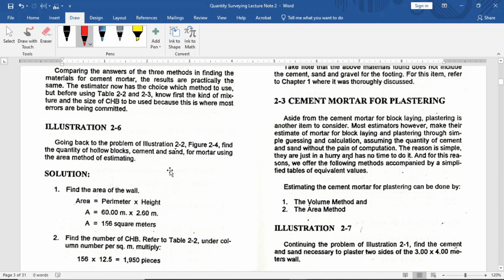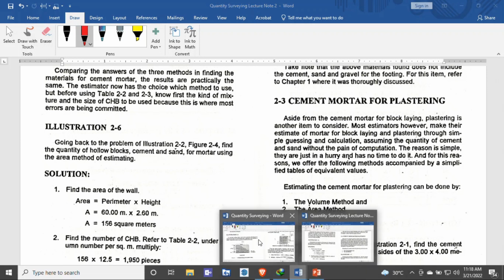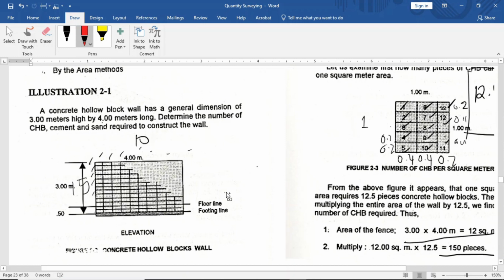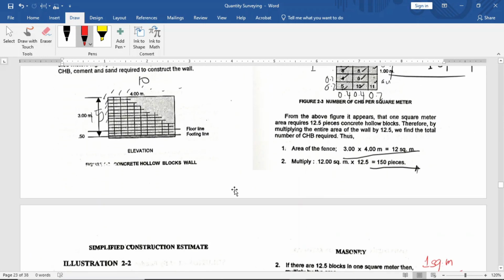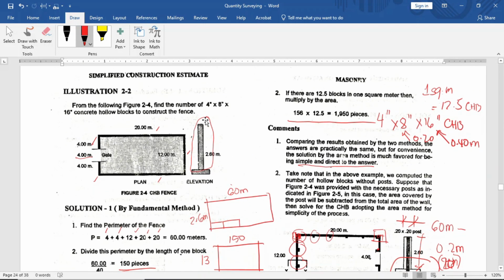Going back to the problem of illustration 2-2, figure 2-4, find the quantity of hollow blocks, cement, and sand for mortar using area method. So, by area method yung gagamitin natin. So, punta daw tayo sa illustration 2-2. Ito yan. Illustration 2-2.